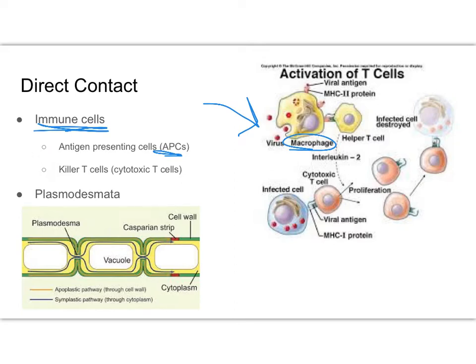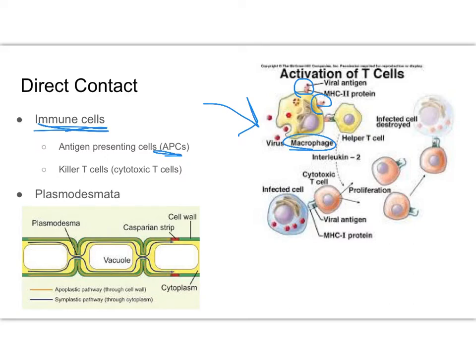So that large macrophage is going to consume the foreign invader. It's going to break it down, and then you'll see that it's putting pieces of the foreign invader out on the outside of the macrophage. So it's exposing pieces of that foreign invader out to other cells in your body.